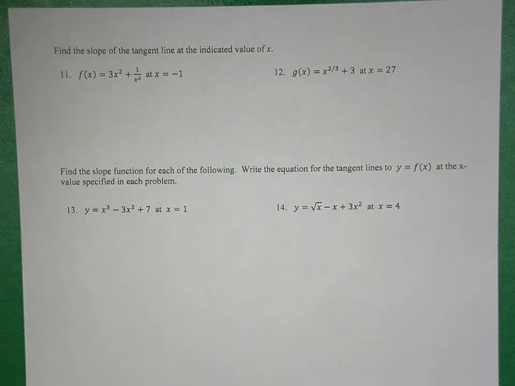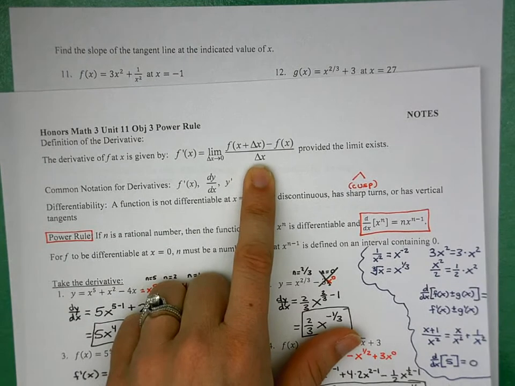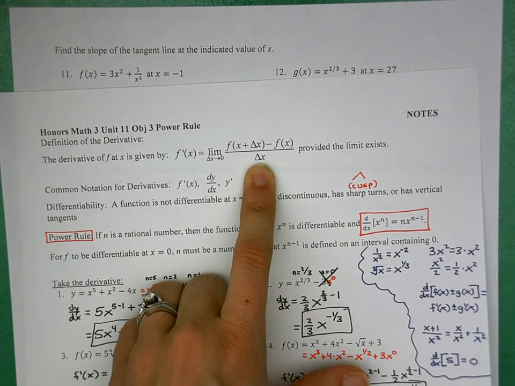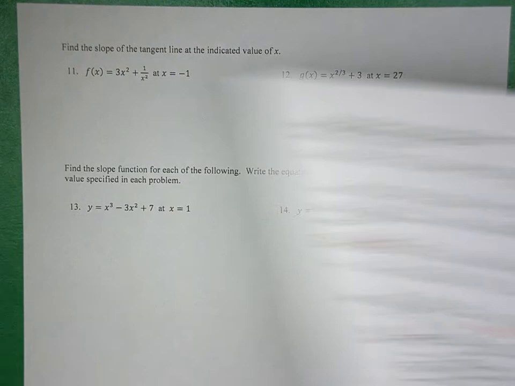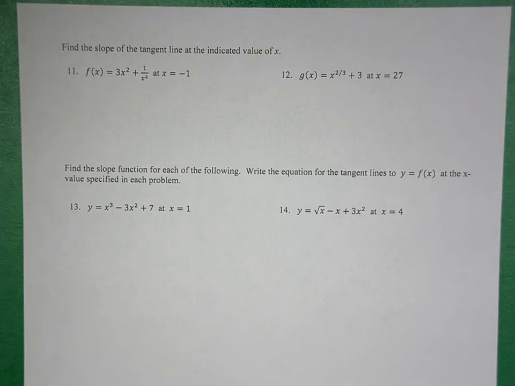Okay? A reminder that the definition of a derivative is the limit as delta x approaches 0 of f of x plus delta x minus f of x all over delta x. And a derivative is the slope of your tangent line, right?